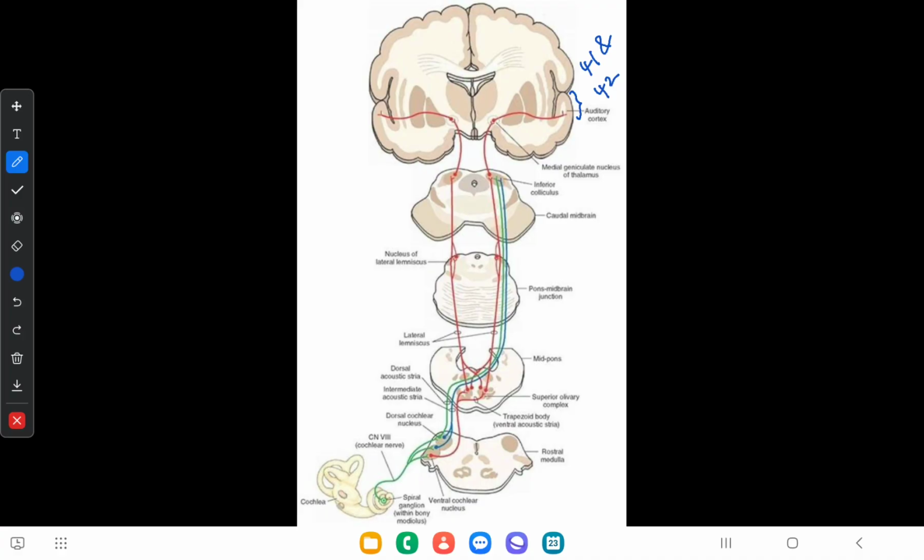Therefore, a lesion in the auditory cortex of one side will not cause hearing loss. You can see this auditory cortex has received fibers from both sides. Therefore, if there is a lesion on one side, it will not cause hearing loss.